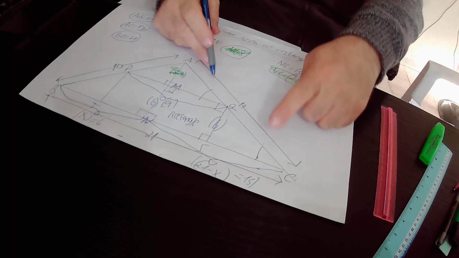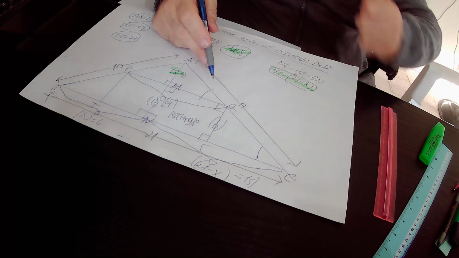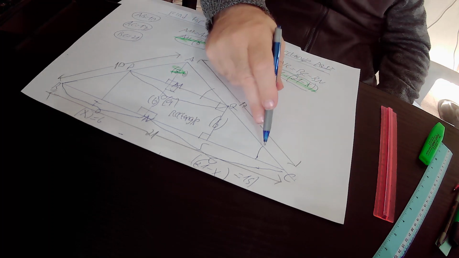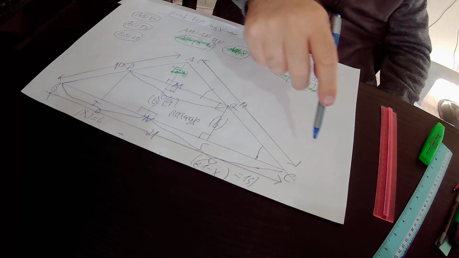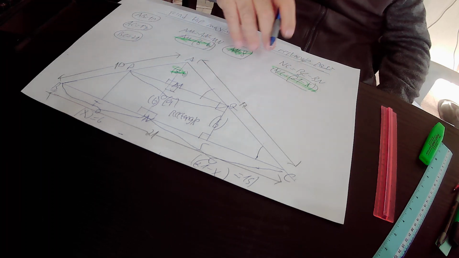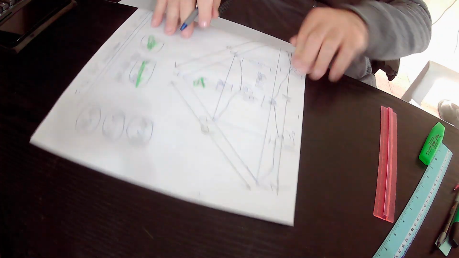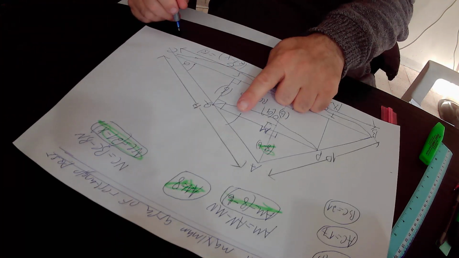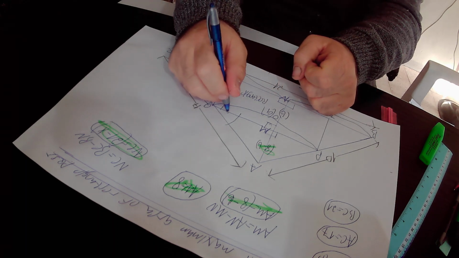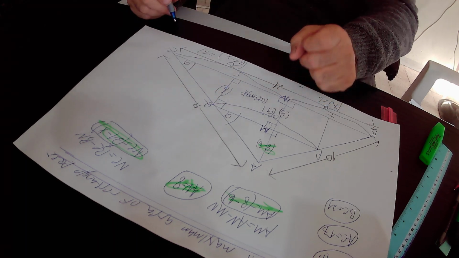So if we define the size of this angle BCA, this angle as alpha, then this angle also must equal alpha because they are equal to each other.